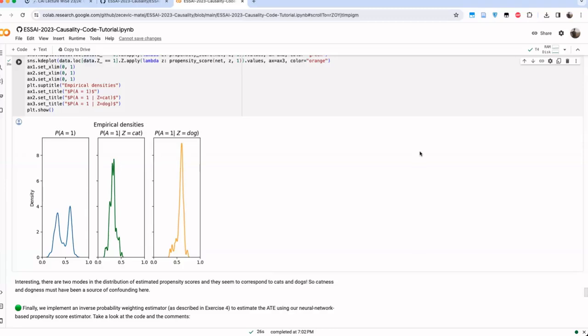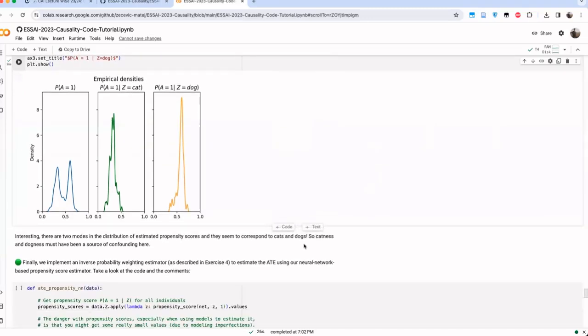Whereas if it's not a dog, when it's a cat, it's not going to get treated. Obviously, these are probabilities, so that's why we also had certain dogs which were not treated, whereas certain cats were treated. But this is really the plots that we are looking at here, right? So in summary, catness and dogness must have been the source of confounding here for whatever reason, right?